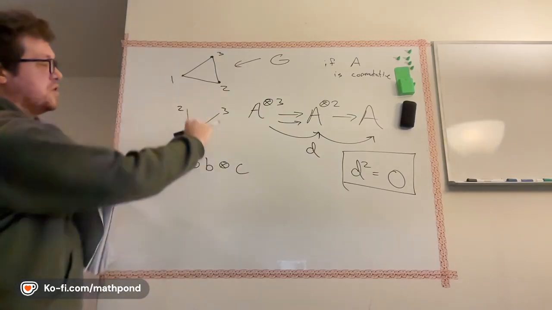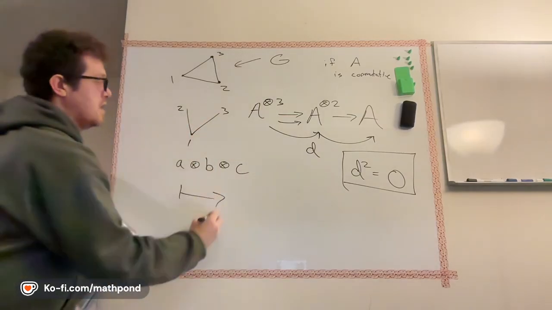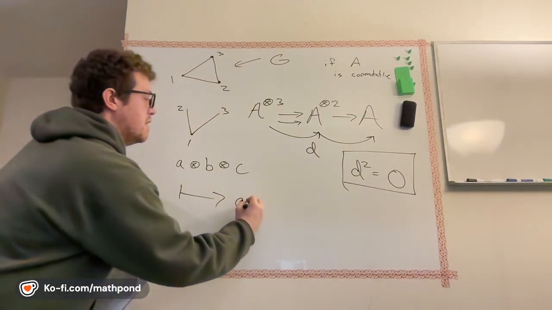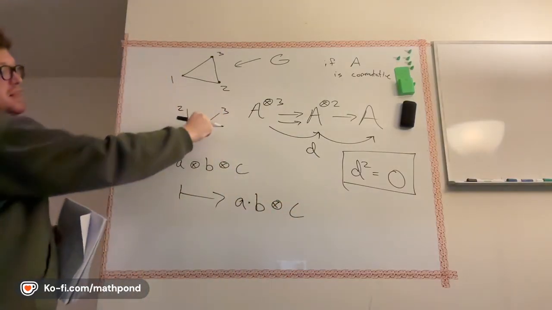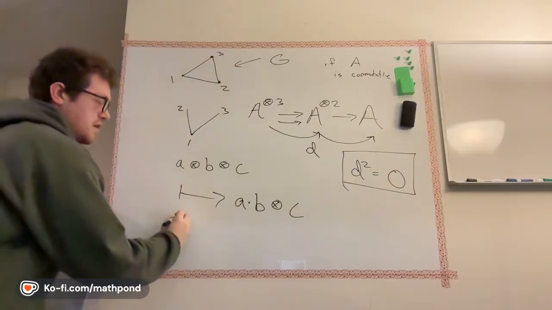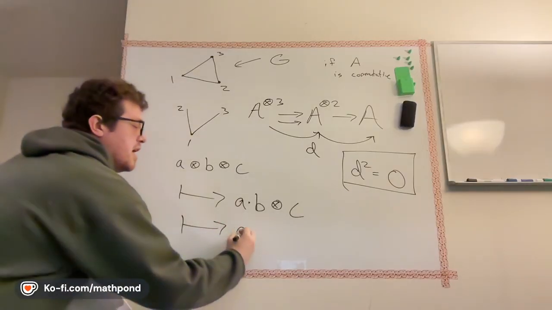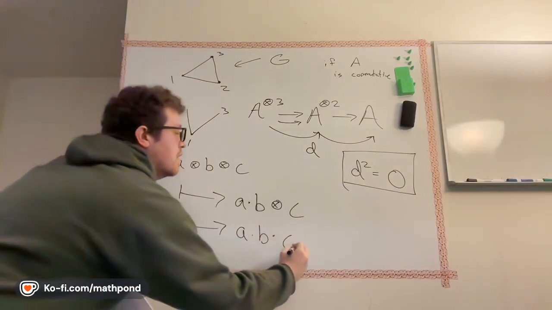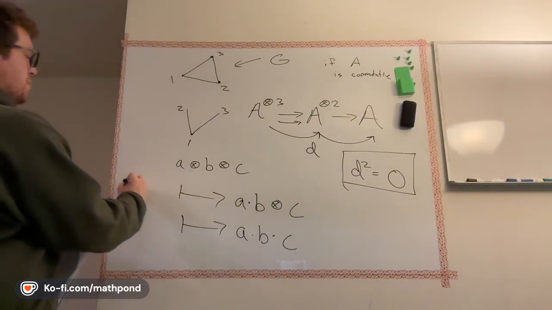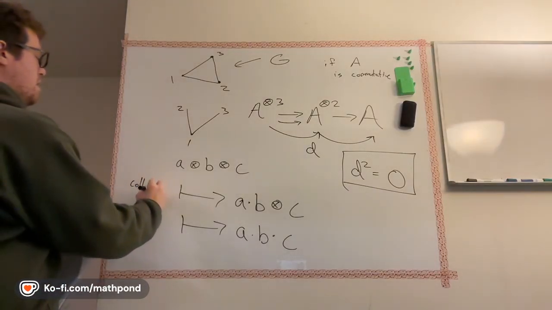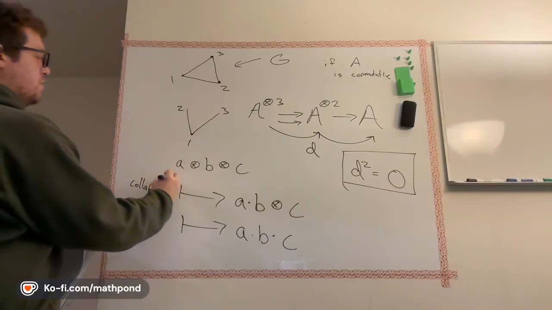So if I do 1, 2 first, for instance, this will map to A times B, tensor C. And then if I contract the last edge separately, I'm going to get A times B times C. So this is collapse 1, 2 first.